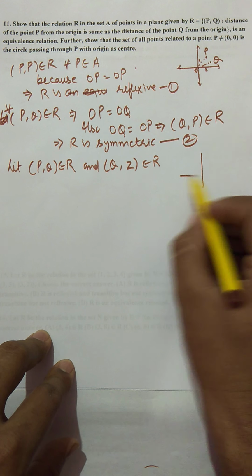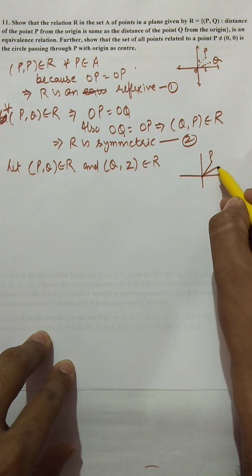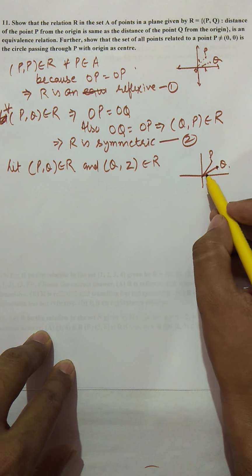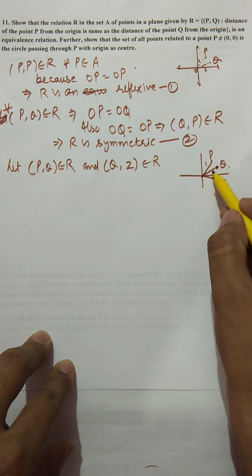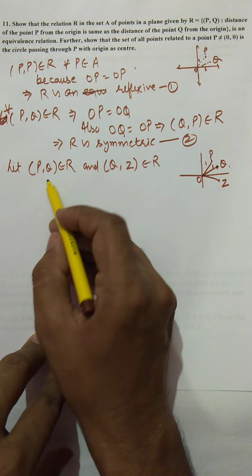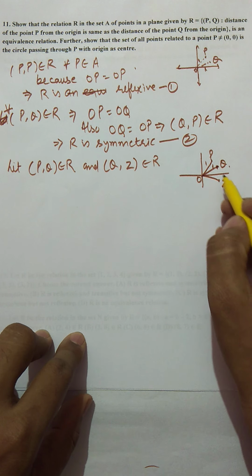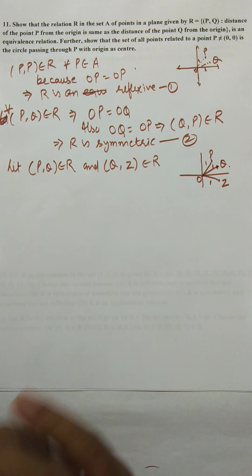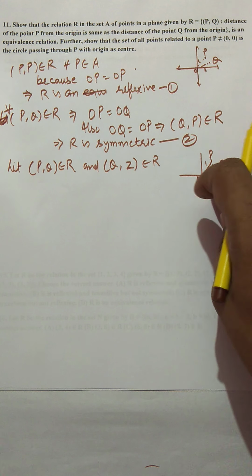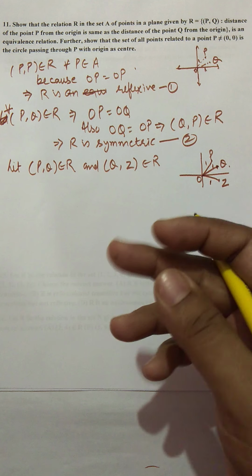Now for transitivity, let PQ belong to R and QZ belong to R. Try to understand with the help of this: this is P, this is Q, and let's say this is Z. So OP equals OQ because it is given that they belong to R, and OQ, OZ also belong to R, so it means that the OQ distance and OZ distance will be the same. It can be any distance, 4 unit, 5 unit, 6 unit, 7 unit, but I have taken 1 unit for your understanding.